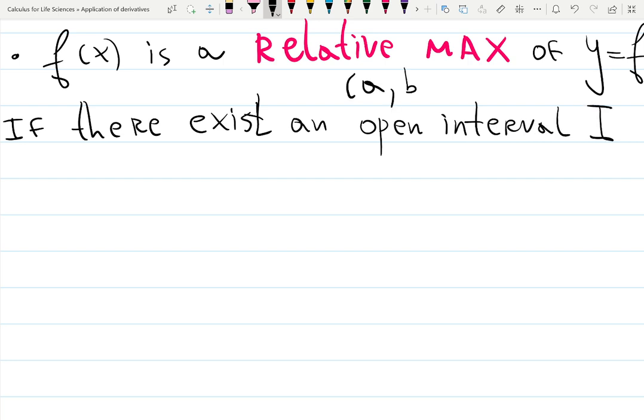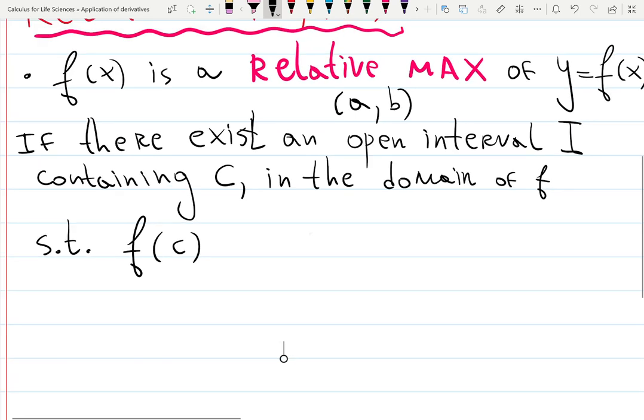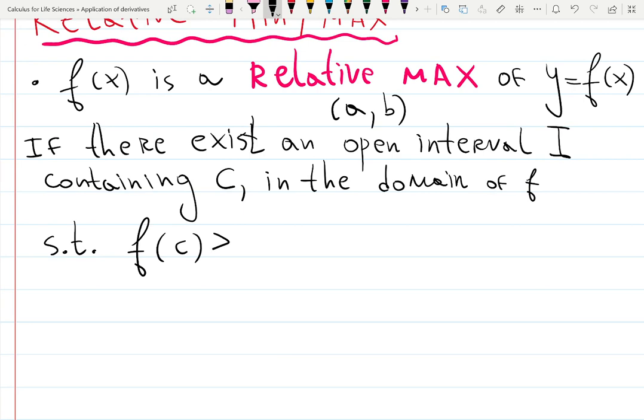It means with brackets at the end, A, B. So it doesn't include endpoints, containing C in the domain, which are all possible inputs of f, such that f of C, so if it's a relative maximum or local maximum, then it means at that point the function is greater than everyone else around it, for all x in I.